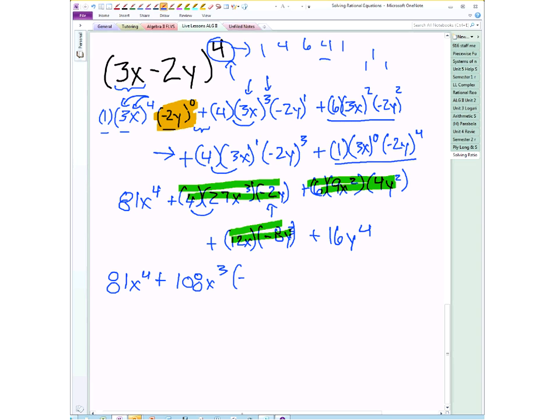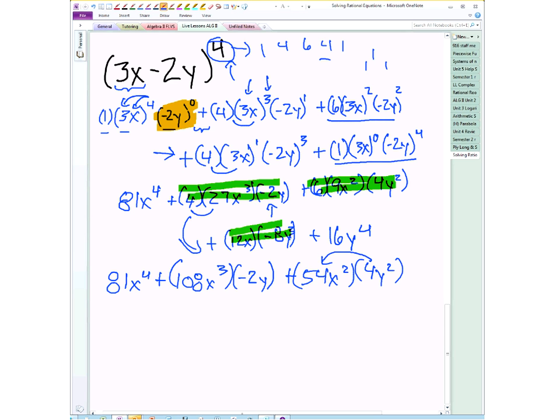So 108x cubed times negative 2y. I didn't do that calculation there in one step. I'm still going to multiply that next step. 6 times 9x squared. 6 times 9 is 54, right? 54x squared times 4y squared.